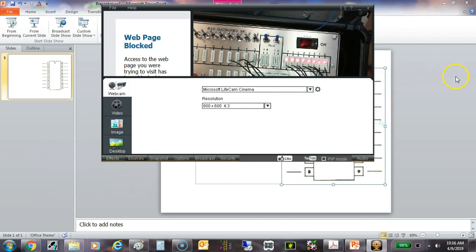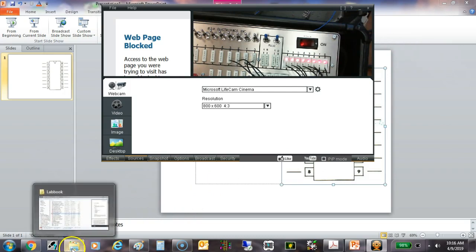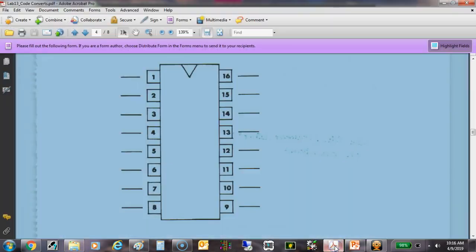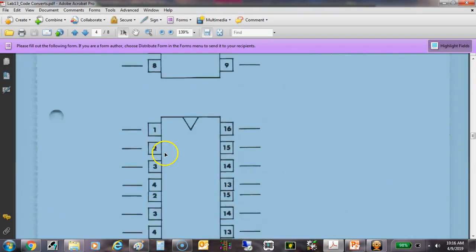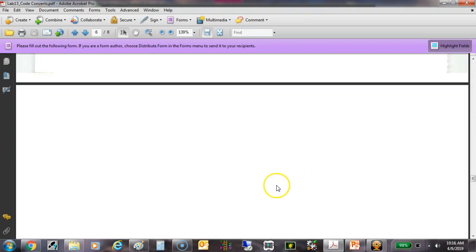So what we're going to look at now is a 74LS 7447.